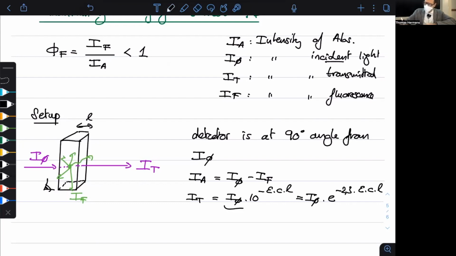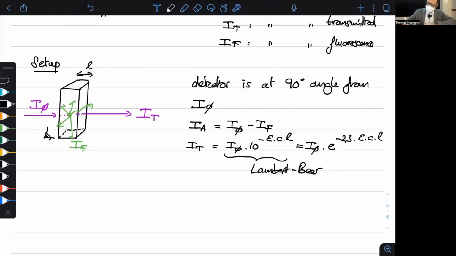So the intensity of absorbed light is I0 minus I0 times e to the minus 2.3 times E times C times L.